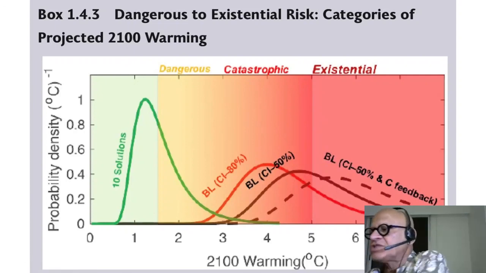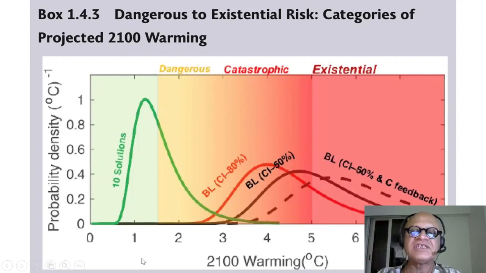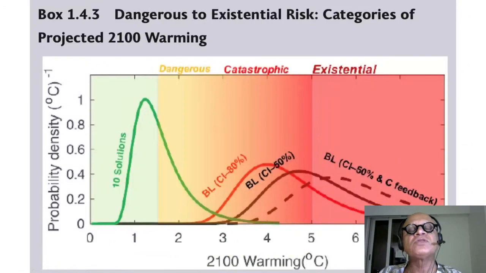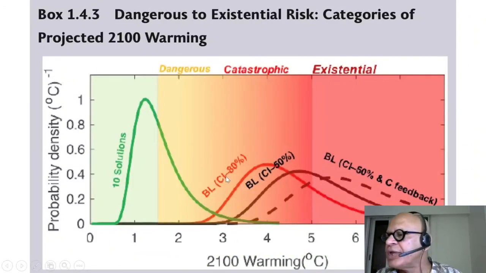Okay, so let's quickly look at what CI stands for. No need to go too far without knowing what that is. Here we are. So CI is carbon intensity. So how the energy production is for this scenario, and BL is the baseline.